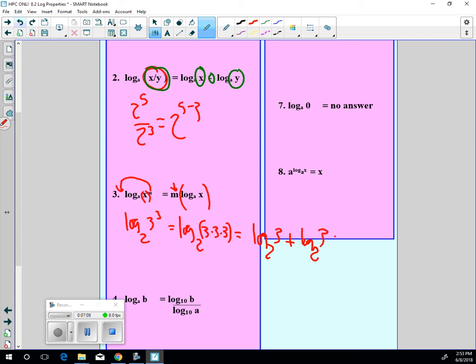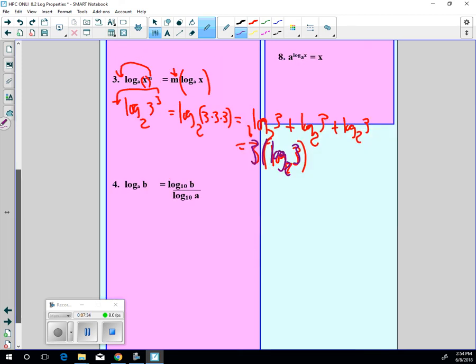So then you have that 3 times. Well, why not shortcut that and say it's log base 2 of 3, 1, 2, 3 times. So essentially that cube is just moved up to the front to get 3 log base 2 of 3. Now this one takes getting used to, but you'll get it.